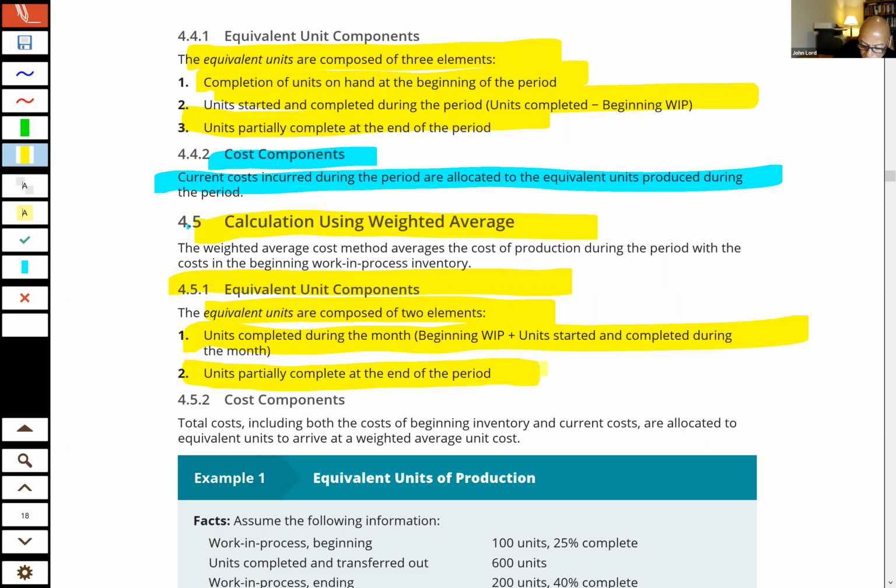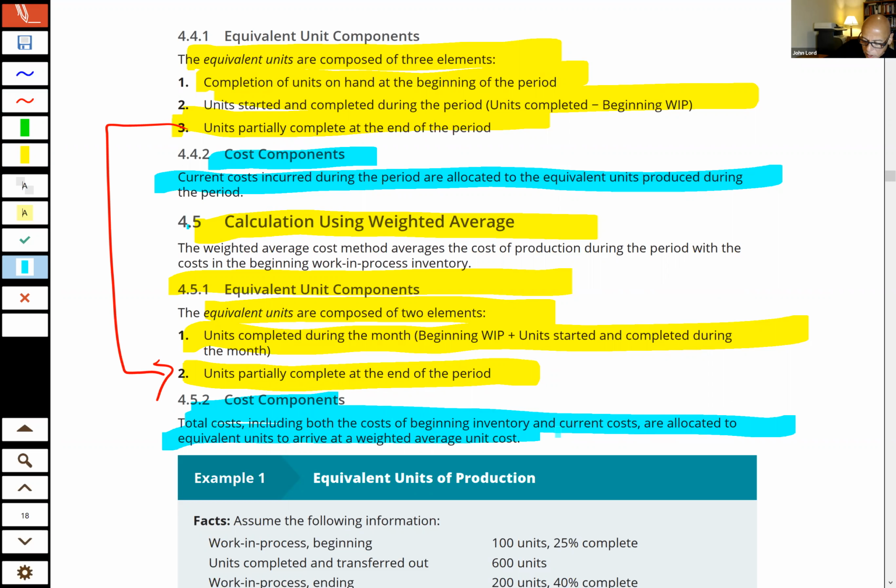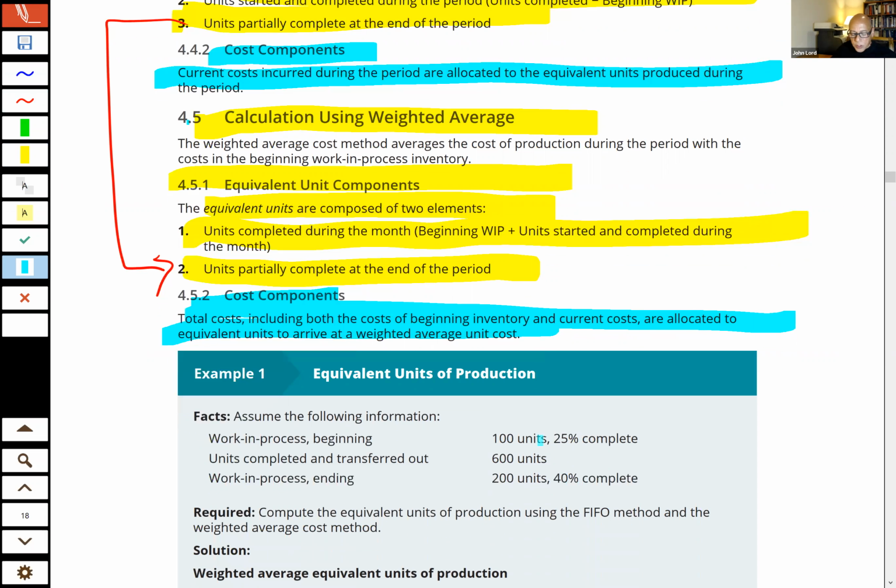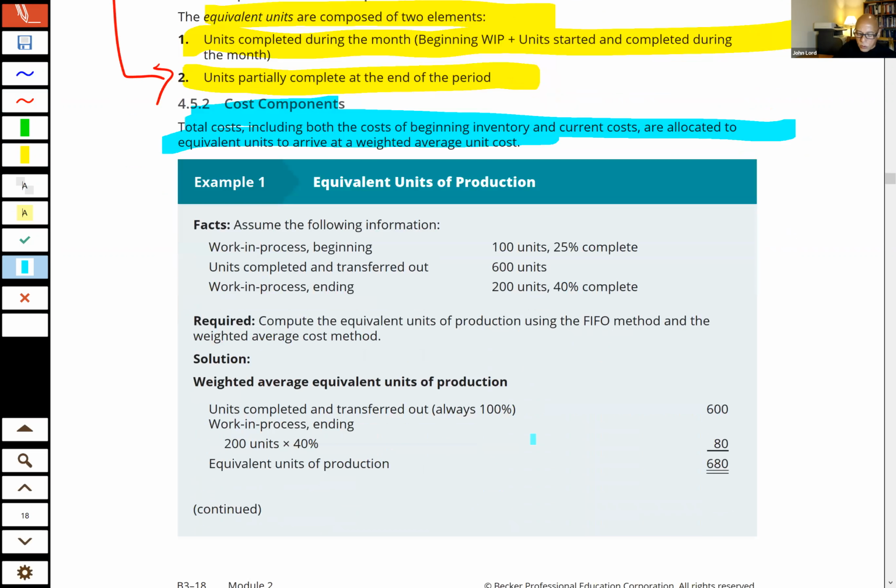And then units partially completed at the end of the period, and there's really no difference between FIFO and weighted average for that. Now, the cost components are cost included both in the beginning inventory and current cost, so that's pretty different from the FIFO method. Okay, so let's first look at the equivalent units in this example under the 2 methods. Let's first look at weighted average.